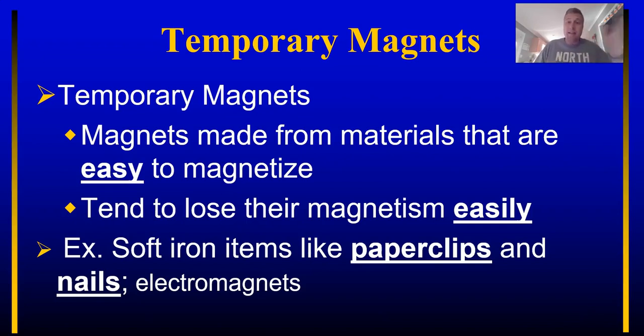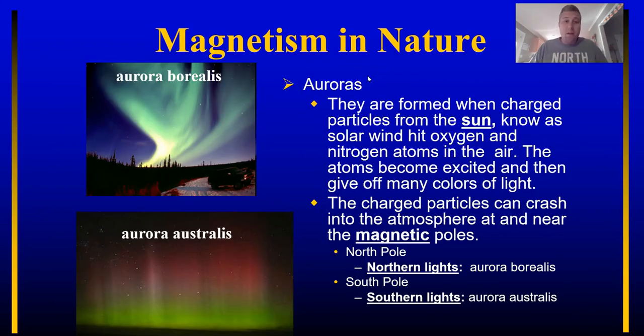They lose their magnetism easily because of those domains not lining up. We see magnetism in nature. As I said in the previous video, our Earth has a magnetic force field around it, and it protects us from solar winds from the sun.